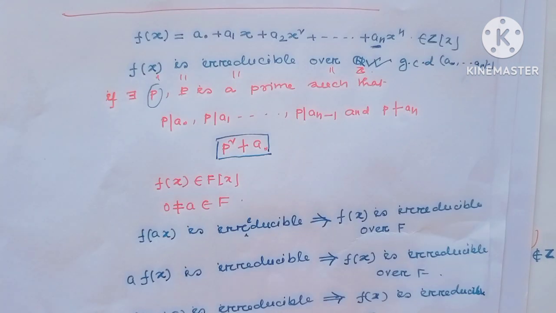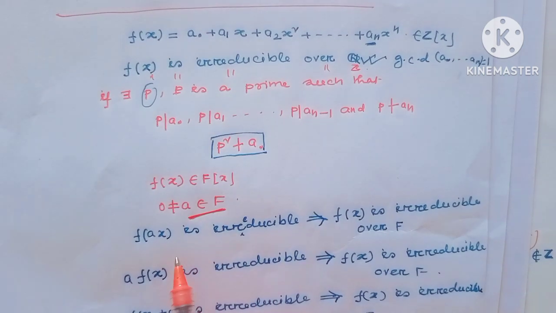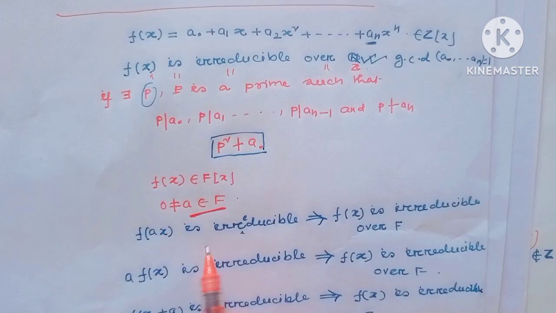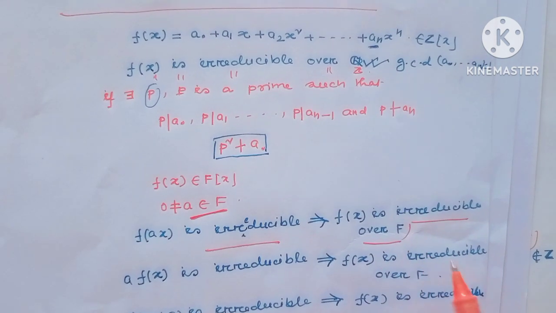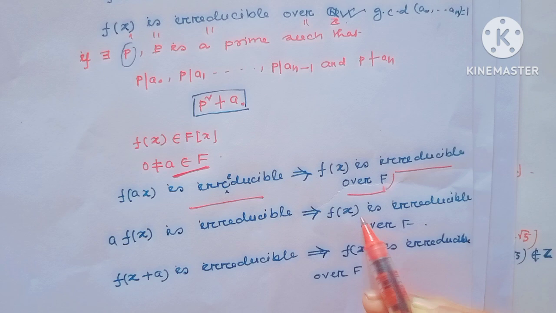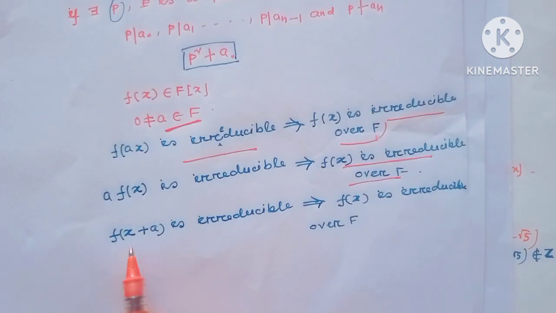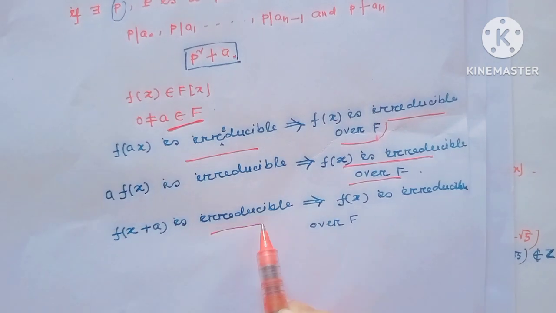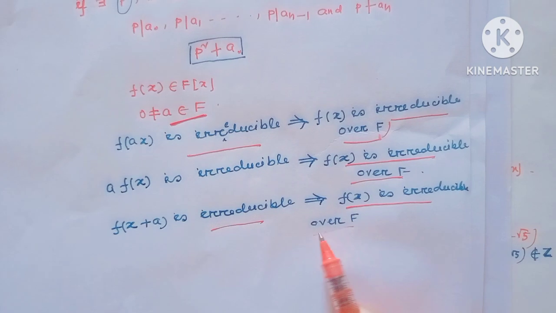Here I will see one new topic. f(x) belongs to F[x] and a, b are members of the field F. Then if f(ax) is irreducible, that implies f(x) is irreducible over F. Similarly, if a times f(x) is irreducible, then we can conclude f(x) is irreducible over F. Similarly, if f(x plus a) is irreducible, then that implies f(x) is irreducible over the field.